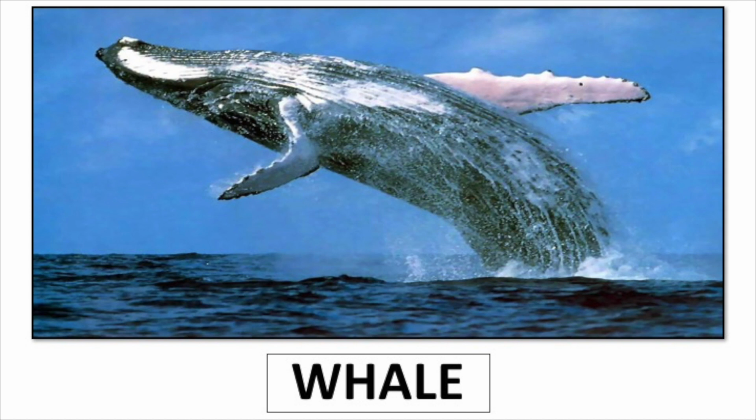This is the biggest animal on the planet. Nothing is bigger. This whale is bigger than our school. It's absolutely huge and lives in the sea. The biggest animal on planet Earth is the blue whale. Where does it live? In the sea. So it's a sea creature or sea animal.